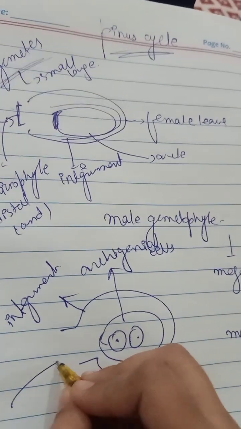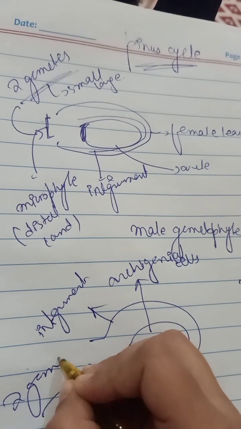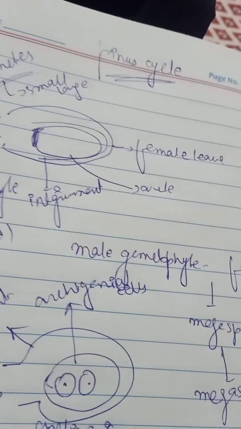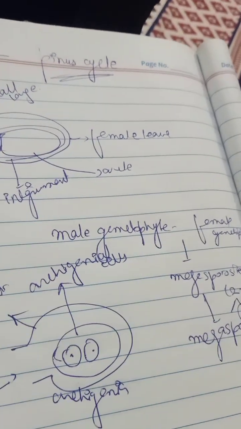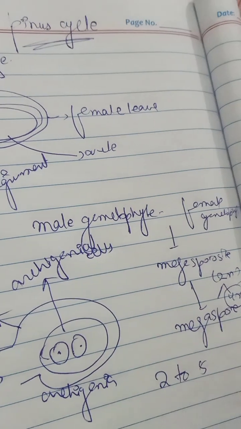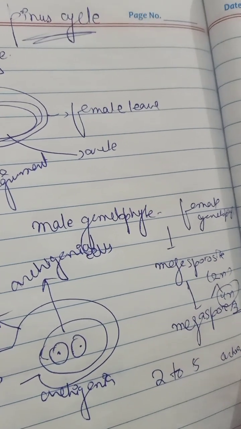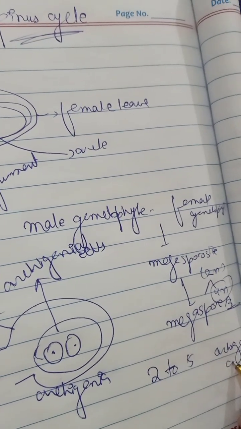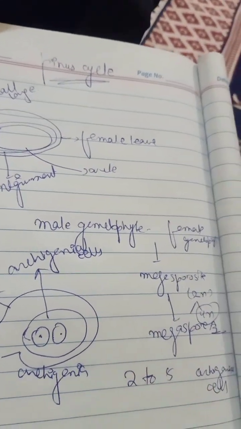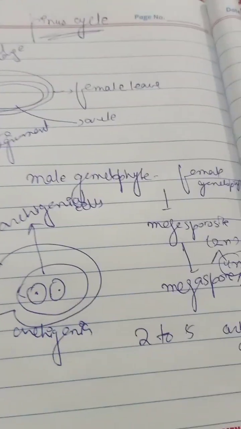From here the two male gametes move by amoeboid movement. Here the ovule, the megasporangium, contains 2 to 5 archegonial cells. Here I have written 2, you can write 5 too. Each possesses a single ovum.